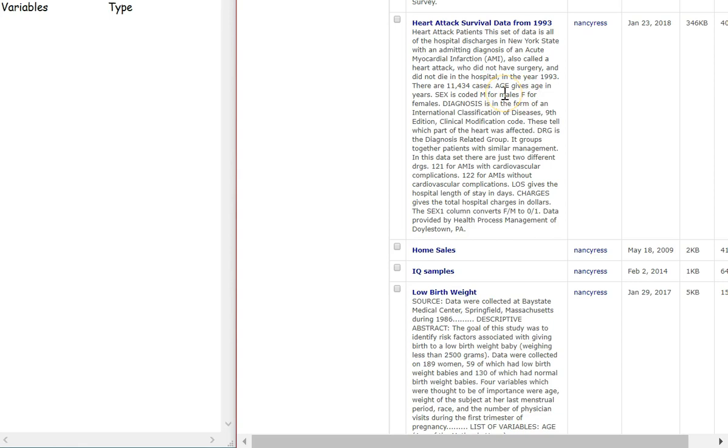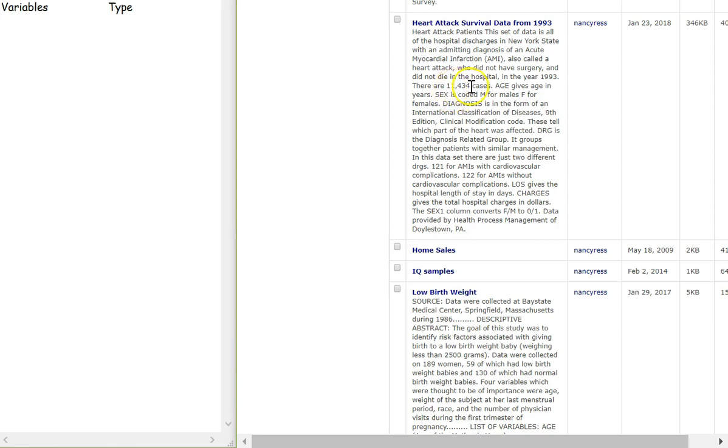So this is all hospital discharges in New York State with an admitting diagnosis of an AMI or a heart attack who didn't have surgery and did not die in the hospital in the year 1993. Since this is all of these people, then this is actually a population instead of being a sample.